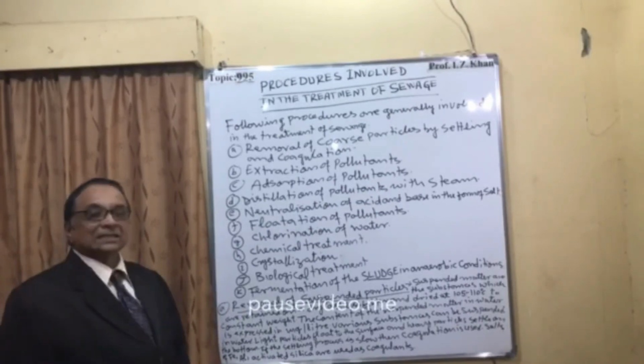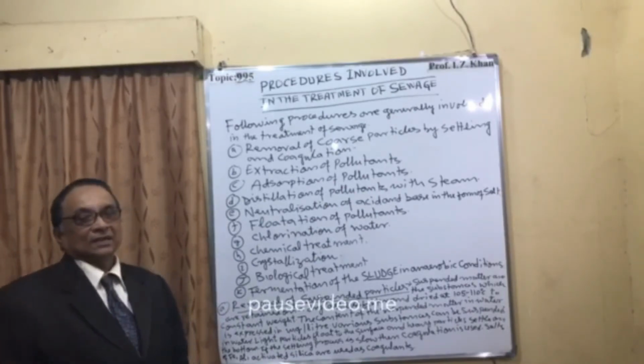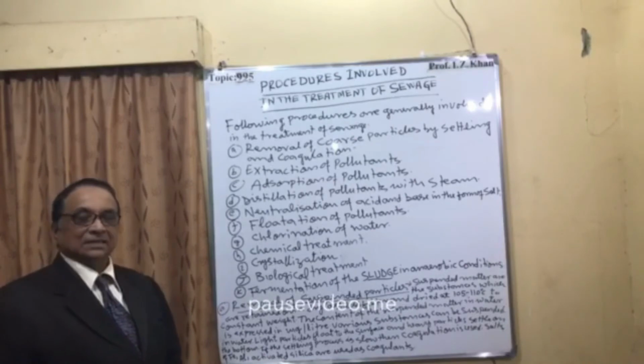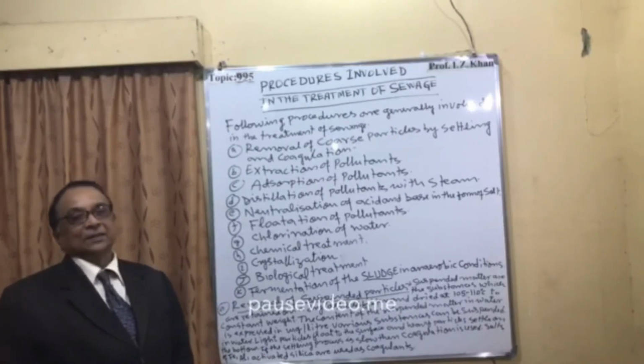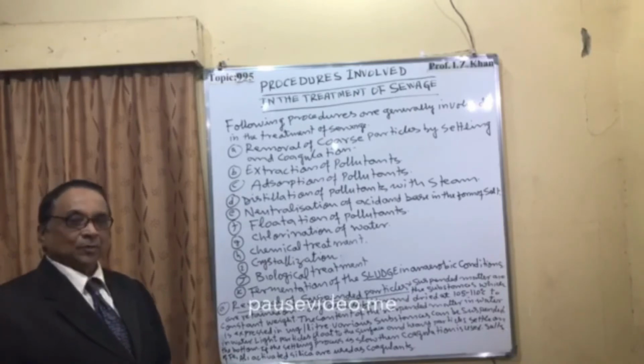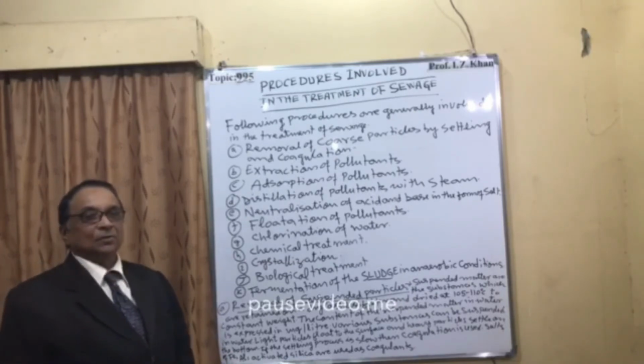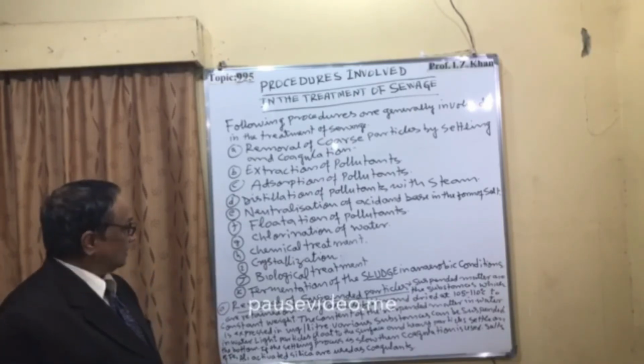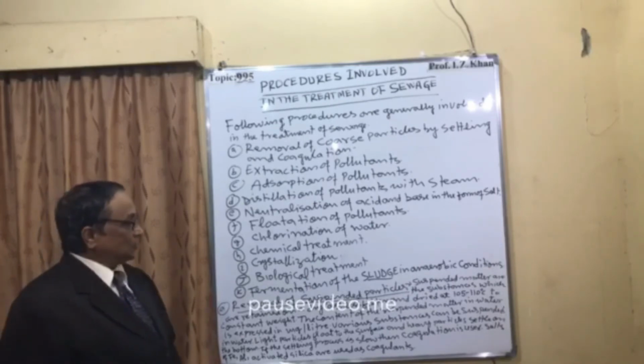And then crystallization. With crystallization and fractional crystallization, we can also separate them, and the impure pollutants can be crystallized out, and we will get the pure water. Then biological treatment.